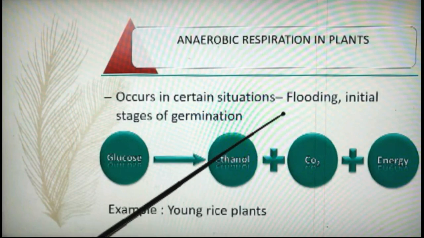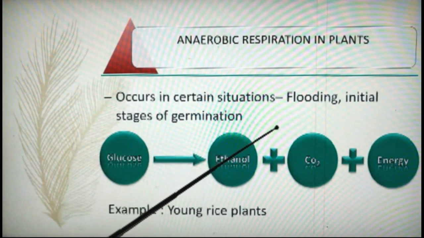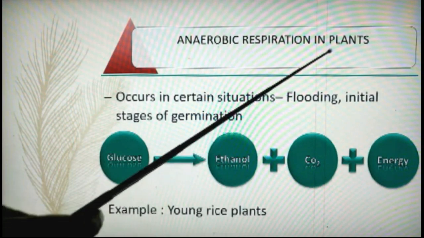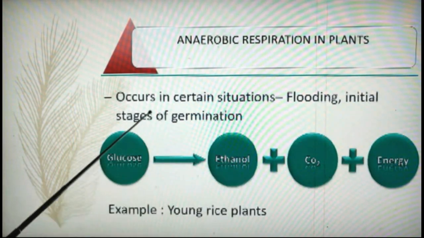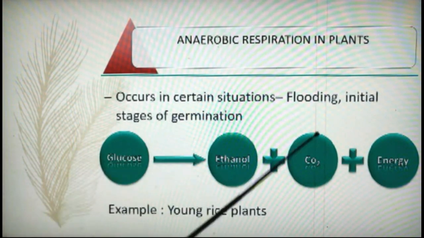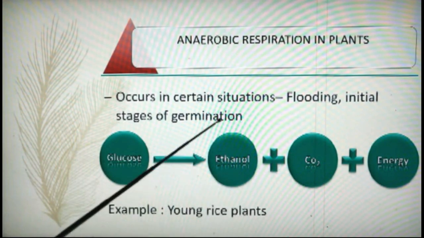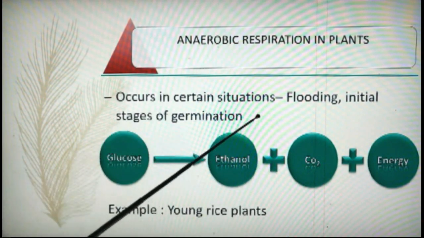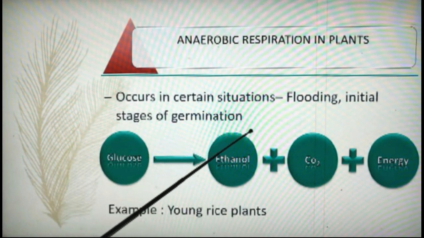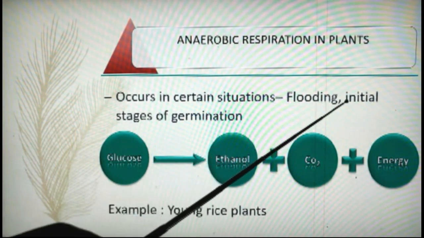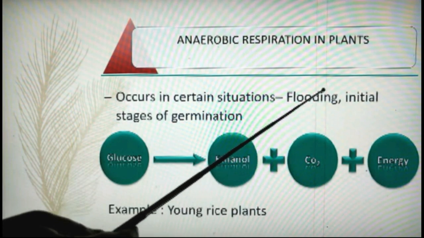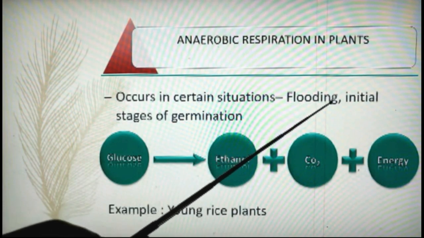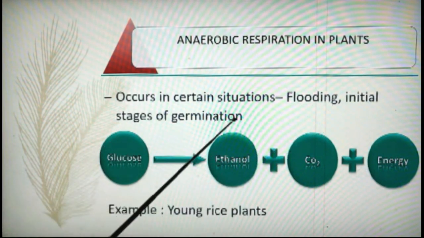That time the plants respire anaerobically. The other situation is the initial stages of germination. That time also the plants respire anaerobically. So these are the two situations in which we can see plants respire anaerobically: flooding, and the initial stages of germination.